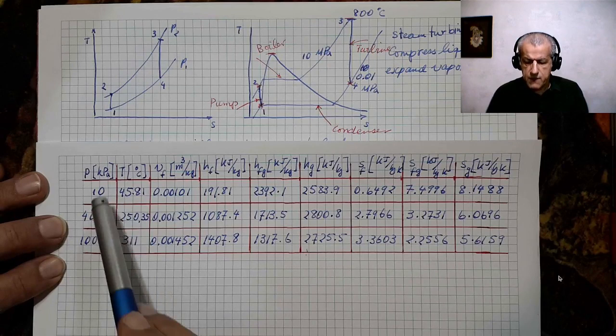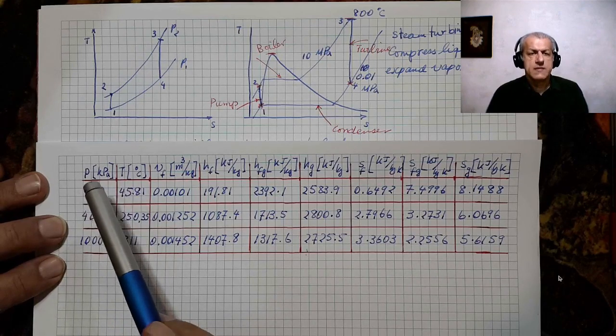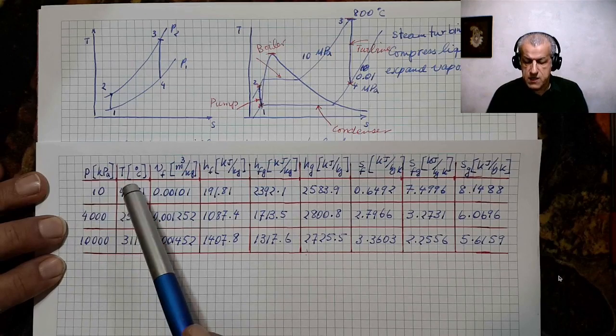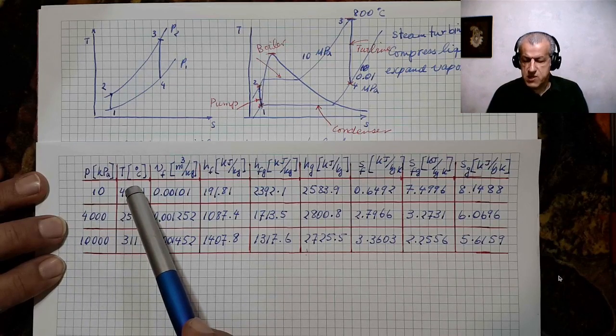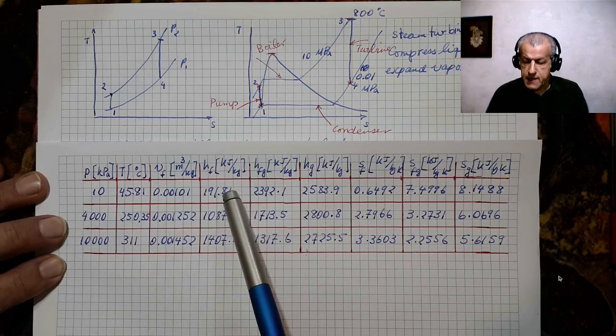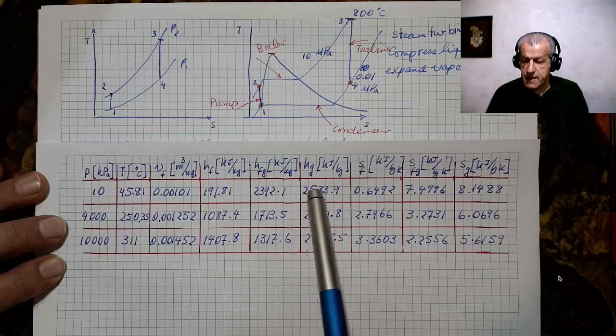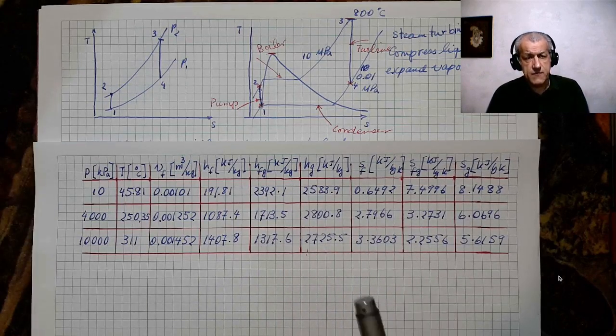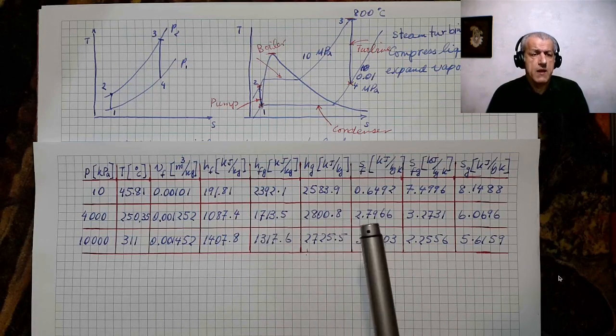But what I need for this problem is to know, for any pressure, the saturation temperature. Vf, we need it. I shall tell you why. And then it is enthalpies and entropies. These are water properties that I have to use to know where in the table we are and where in the diagram we are.